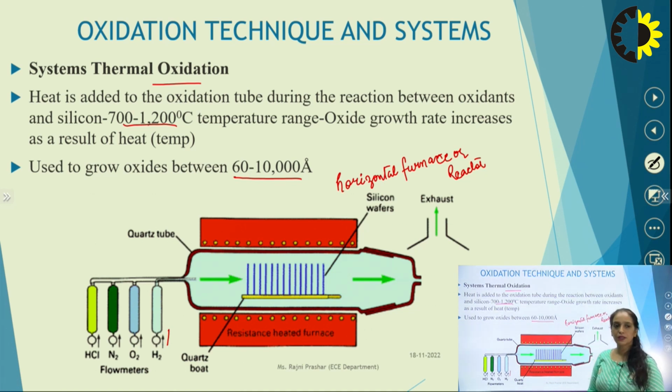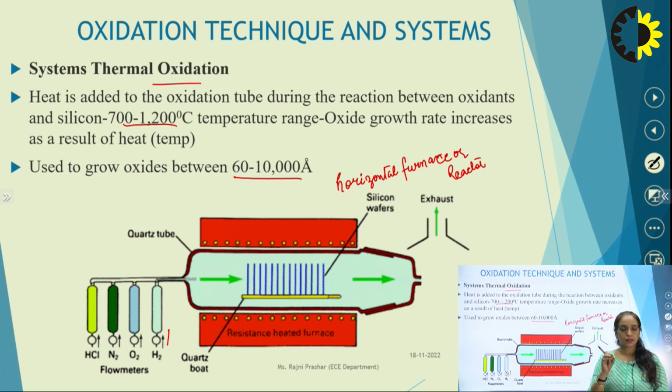So how basically are these gases passed? First, the nitrogen gas is passed inside the chamber, because when we load the wafer tray inside the chamber, there should not be oxygen molecules, right? And we know that in case of VLSI technology, the removal of oxygen molecules is one of the toughest processes.